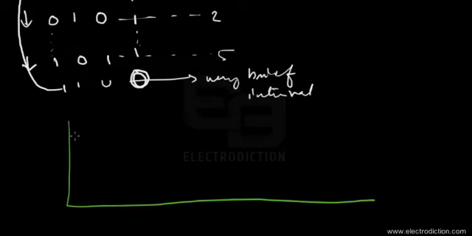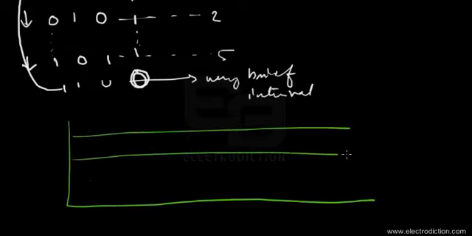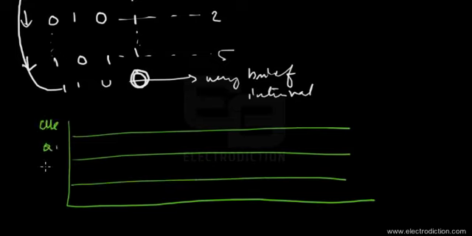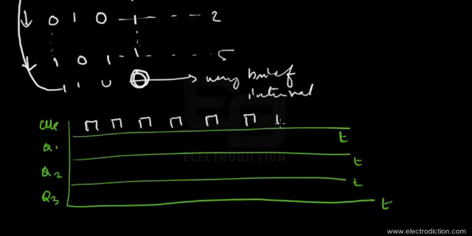Now let's draw a timing diagram in order to depict this operation. Here is the clock input, Q1, Q2, and Q3, and these are all the time axes in each case. Take note of the clock pulses that keep coming at regular intervals of time.